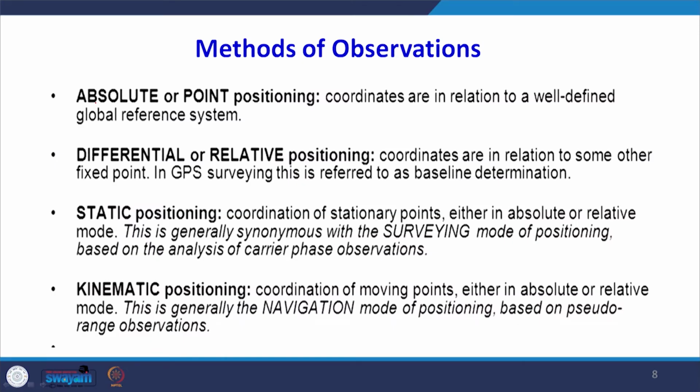Then the static positioning method is generally the same as we do in surveying, identifying the coordinates of stationary points, maybe the benchmark. Then kinematic methods are mostly useful while we are moving. So, particularly for navigational applications, they are very useful, and absolute accuracy is actually quite good.